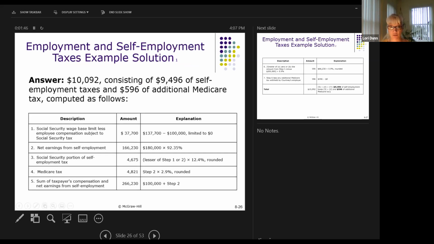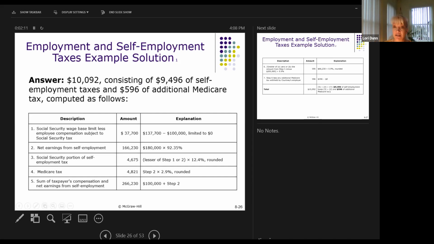Well, here's how we do it. We say, okay, what's the Social Security base? How much is the maximum gross pay plus profits from self-employment we could assess self-employment tax on, or the Social Security portion of self-employment tax? That's $137,700. All right.